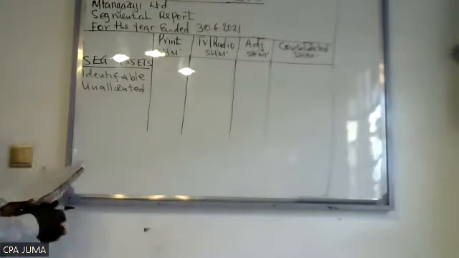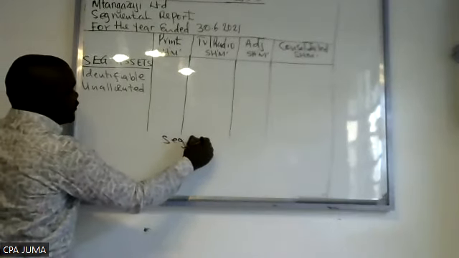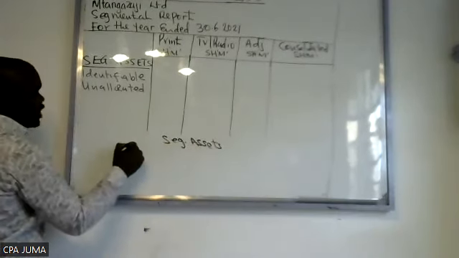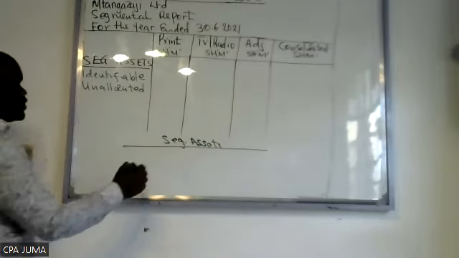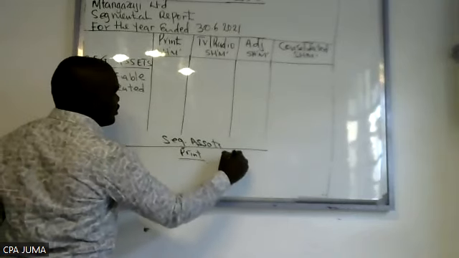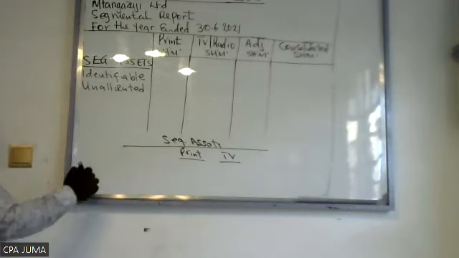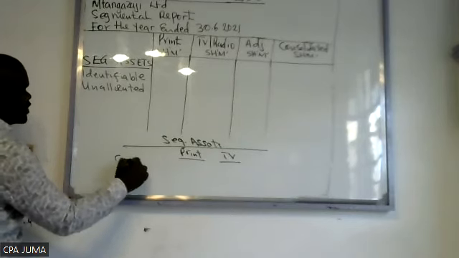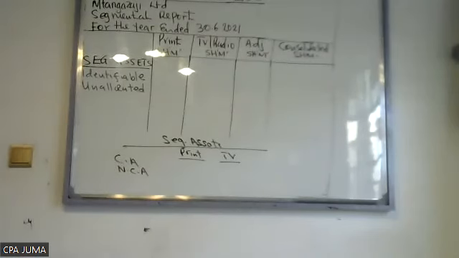For segment assets, you will have print and TV. So current assets and non-current assets, those two.